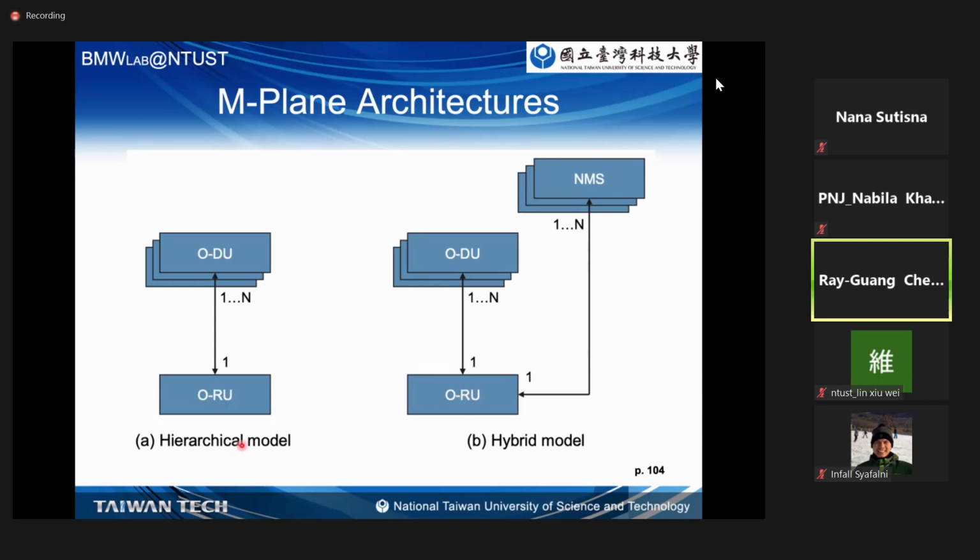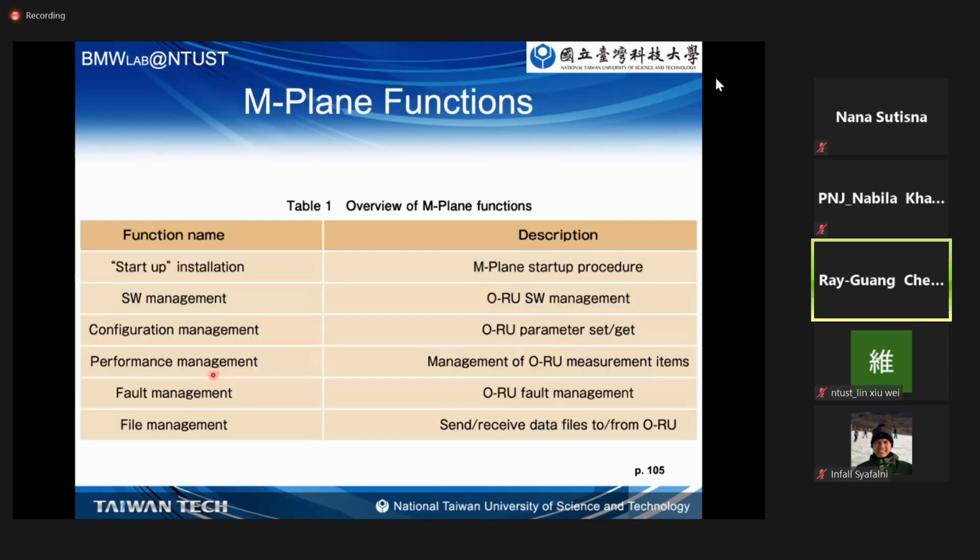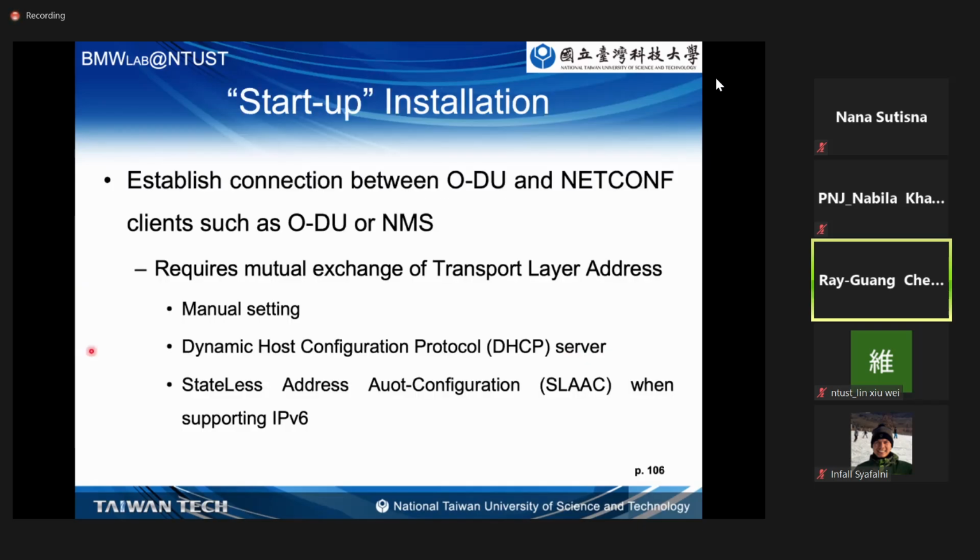But for the hierarchical model, they still have the NMS. The NMS will communicate with the ODU, then the ODU will configure the ORU directly. So here the functions are basically startup, software management, configuration management, performance management, fault management. These are the basic management functions provided by the ORAN Alliance.